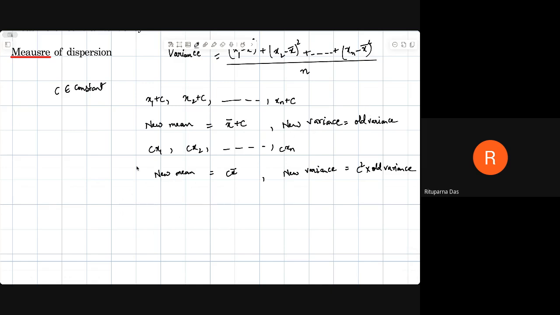So for standard deviation, the new standard deviation will be c times the old standard deviation.